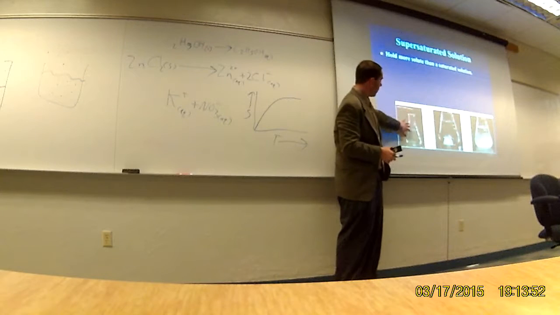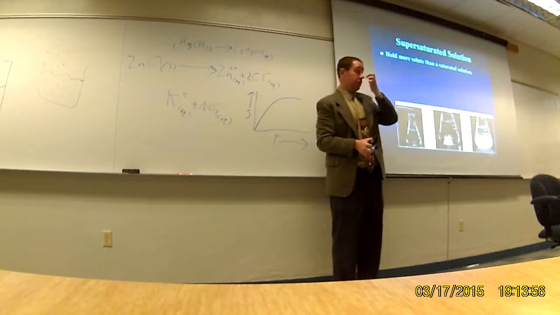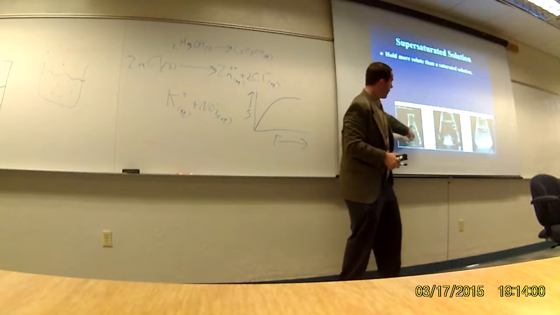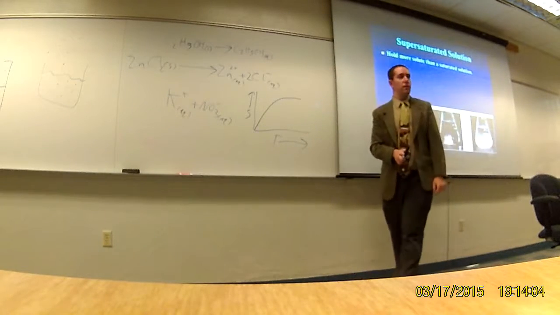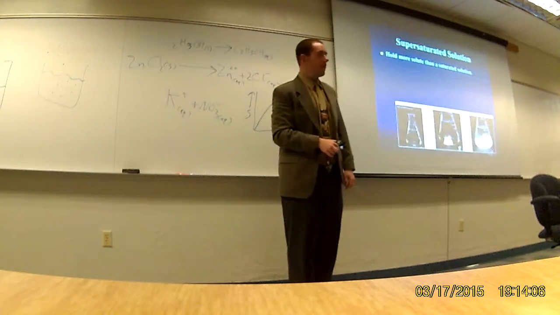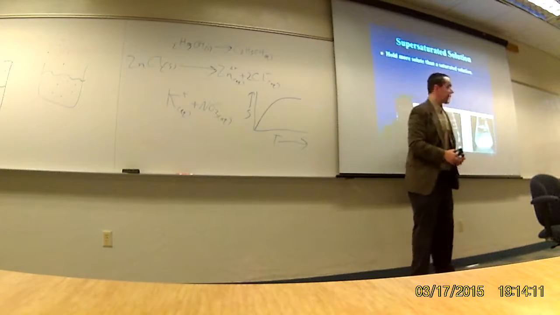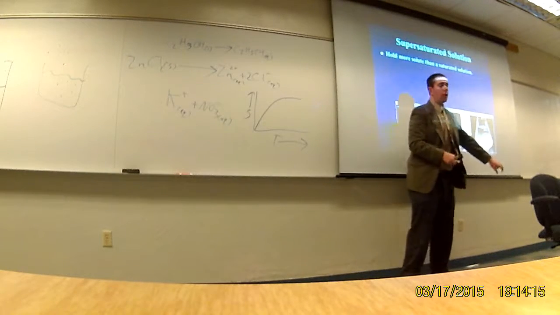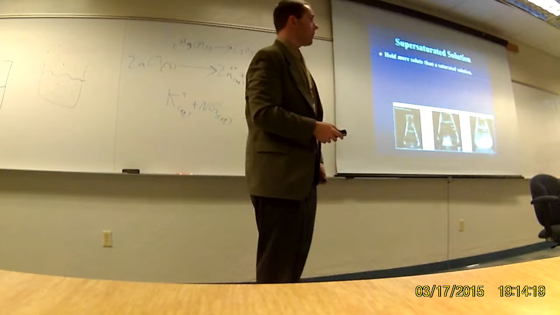There's more of a solute dissolved in this liquid than should be. If we drop in something called a seed crystal, all of a sudden we get crystals forming, and before you know it, we have a whole bunch of crystals. And that's now come back to be a saturated solution. And this is all the extra that was dissolved here that shouldn't have been.